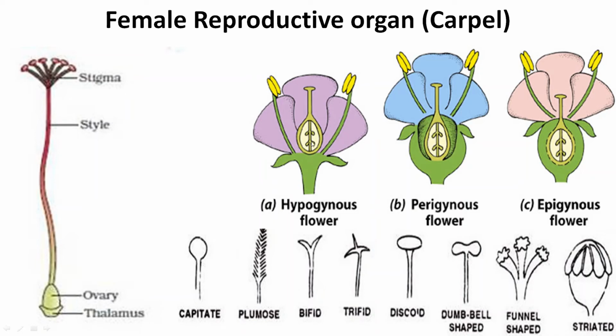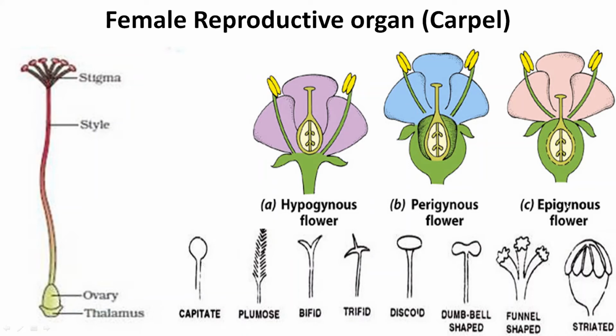See here at the top, but here at the center. Okay, and the four whorls are attached on the rim of the flat thalamus.